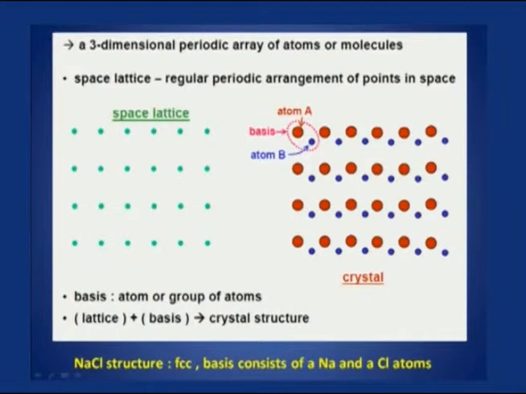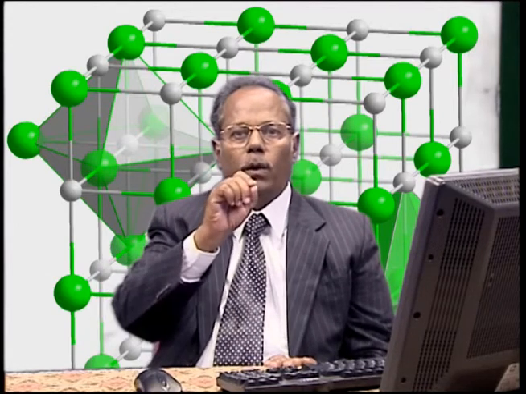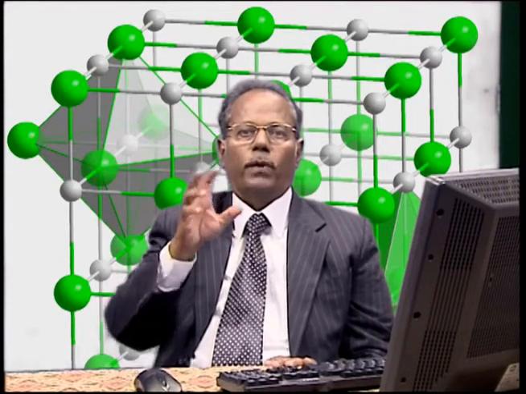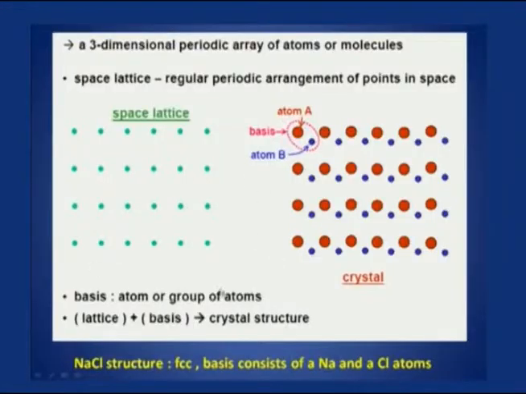It is an array of points in space. It is an imaginary network of points in space, an ordered arrangement of points in space which you should visualize. In space, you have a point here, point here, point here, point here. Okay? It is an ordered arrangement or network of points in space. Then this is the space lattice.